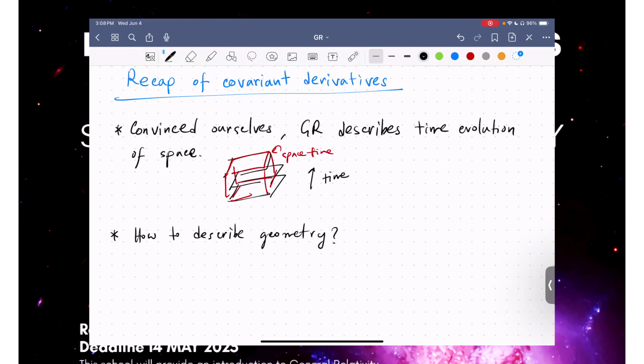But first of all, in GR, we have to talk about four-dimensional spaces, and we have to talk about pseudo-Riemannian spaces, so they have one direction where distance is negative. Also, the spaces that we're going to study may not be as nice or simple as a sphere or flat spaces. So we need a more robust way of talking about geometry.